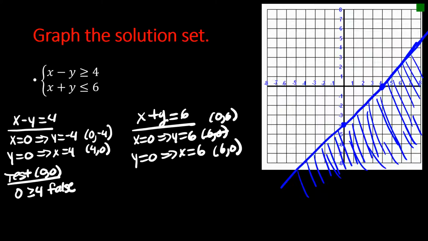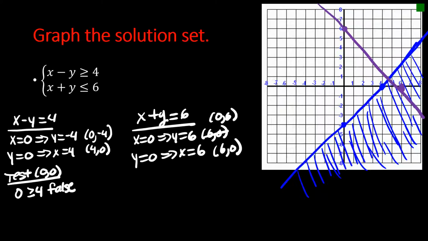So let's graph this with a different color. 0, 6 is here, and 6, 0 is there. Remember, this is a solid line.